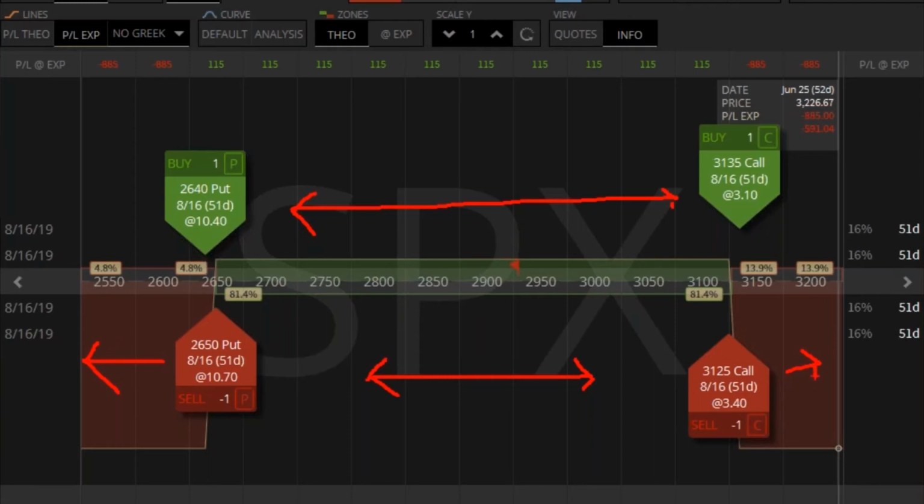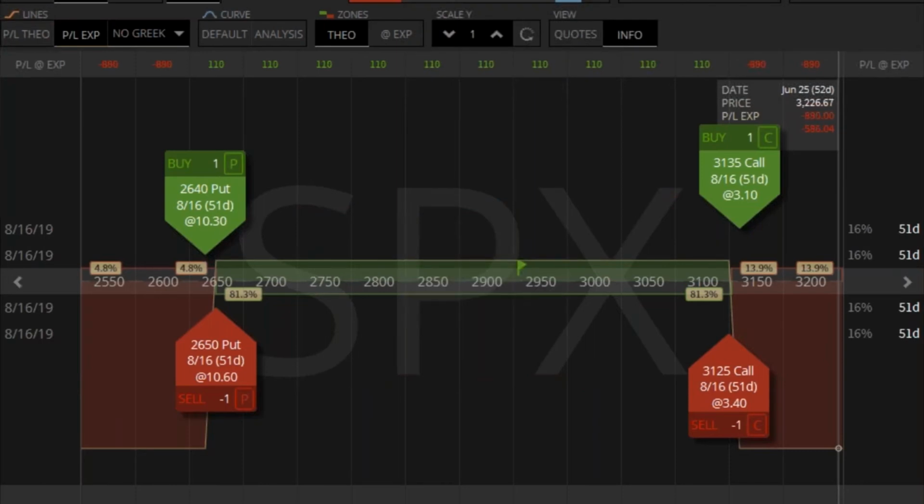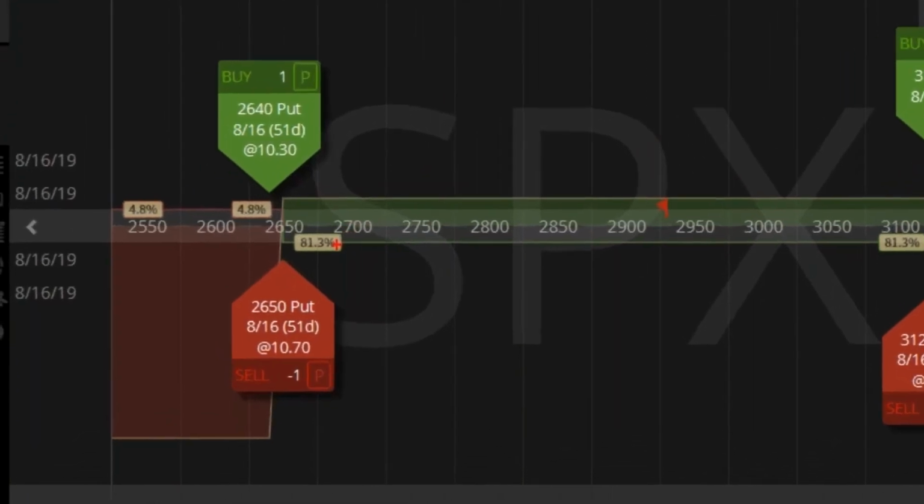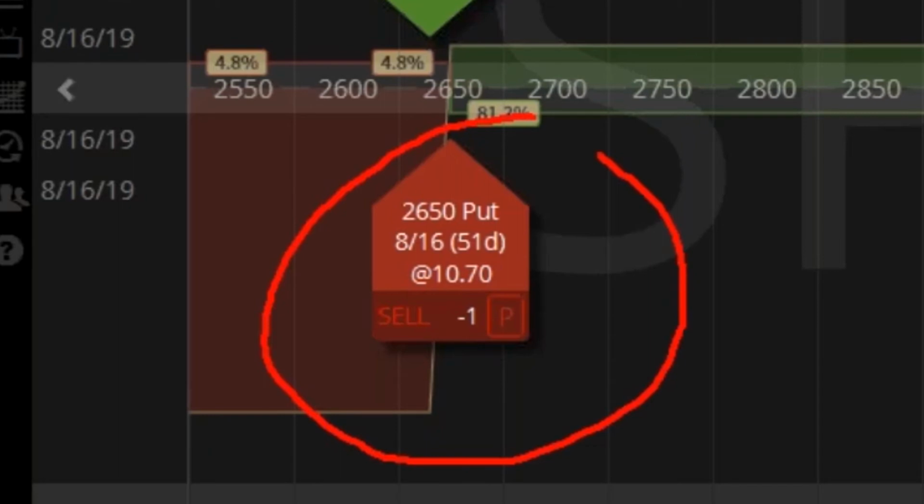So when you are trying to figure out how to sell an iron condor, you want to figure out how far you are from at the money for each short strike. How far are you from at the money on the put side to your short strike, and how far are you from at the money on the call side to the short strike? In this case, your short strike on the put side is the 26.50.